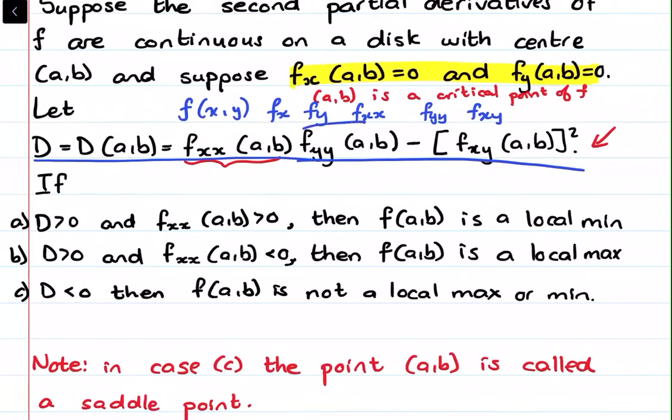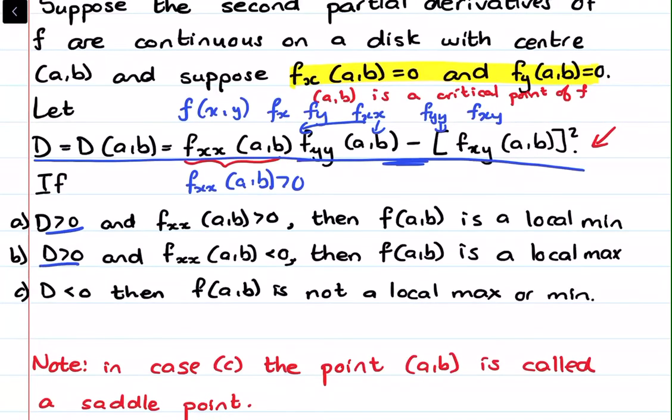And then I have to evaluate the derivatives at the critical values, right? And after I find the derivatives at the critical value, the value that I am going to get for this expression D, if it's positive, and f_xx at the critical value is also positive, then f at (a, b) is a local minimum value, or f has a local minimum at (a, b).